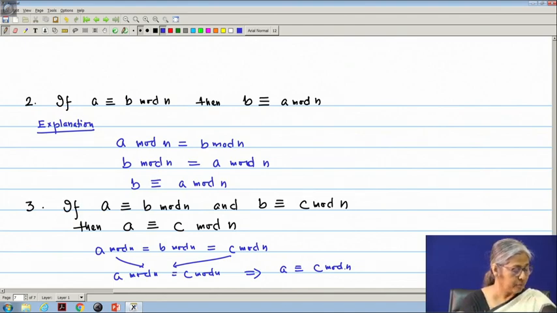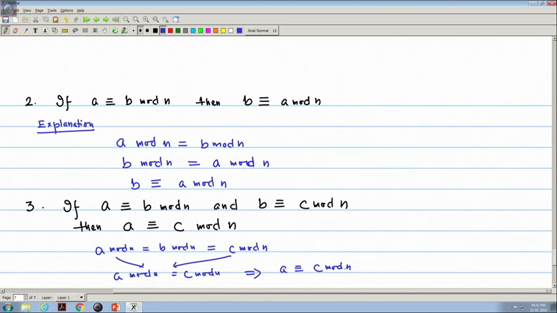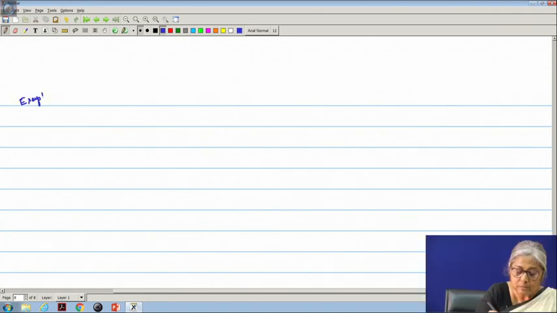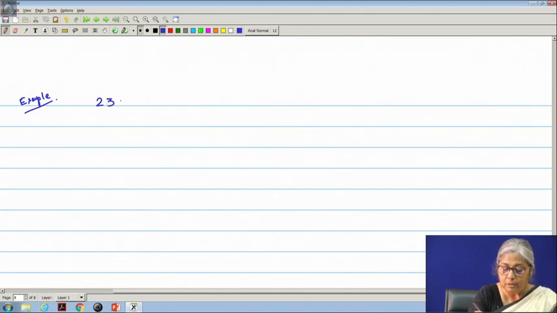So, these are some of the properties. Let us see some examples. We take 23 is congruent to 8 modulo 5.